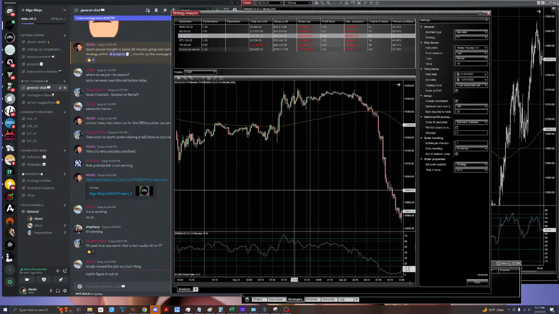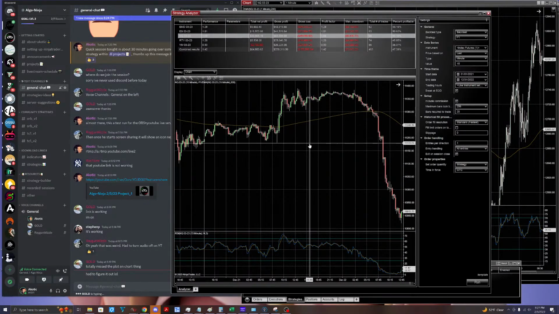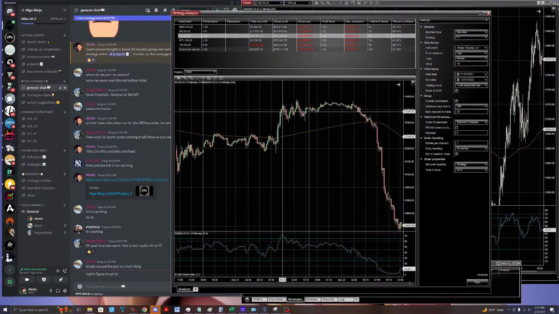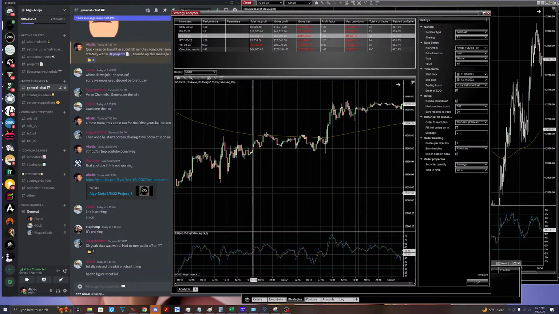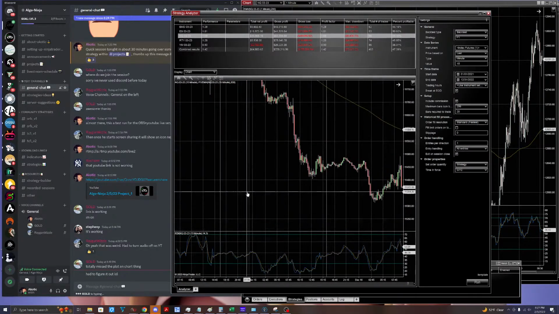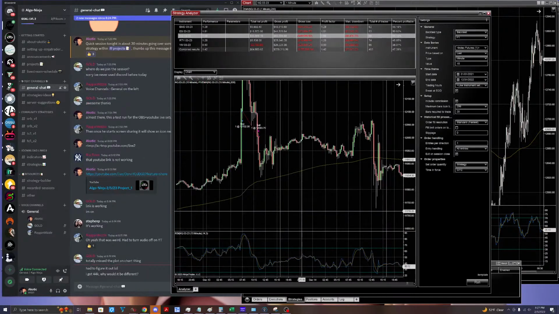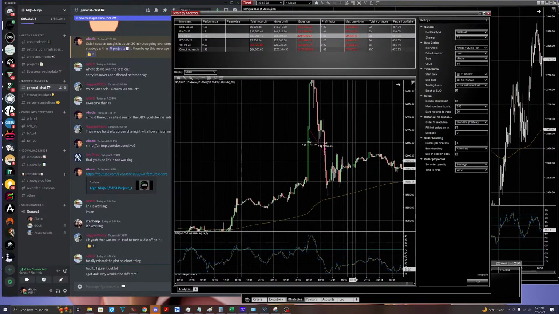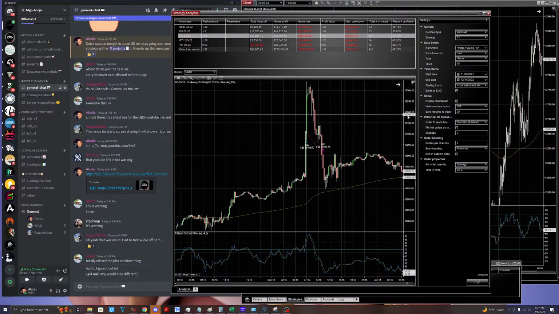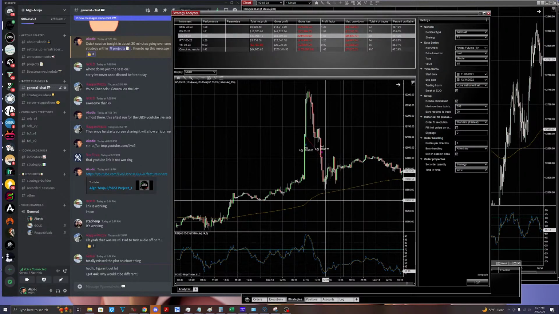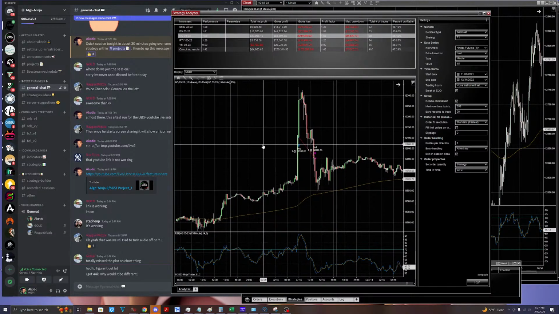Scroll back to see another entry. Looks like we might have gotten a potential entry here. Let's make sure we didn't cross above 80, and we did not. Yeah, so that's what I'm trying to figure out now.